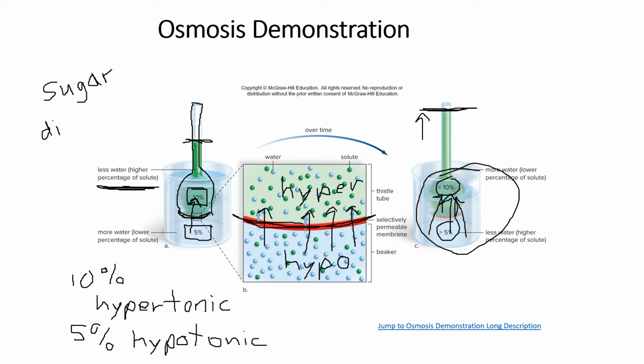When things are equal, they are isotonic. And so iso means the same.